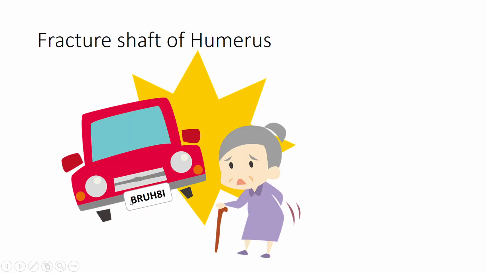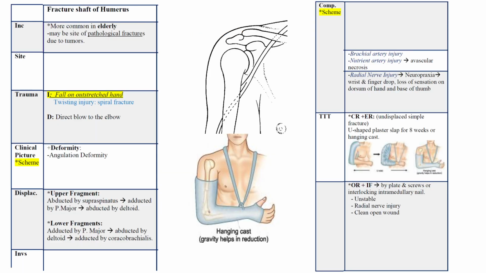So B for brachial artery injury, R for radial nerve injury, U because the best treatment is U-shaped plaster slab or hanging cast for 8 weeks, and if there is indication for open reduction, it will be intramedullary nails, interlocking intramedullary nails.